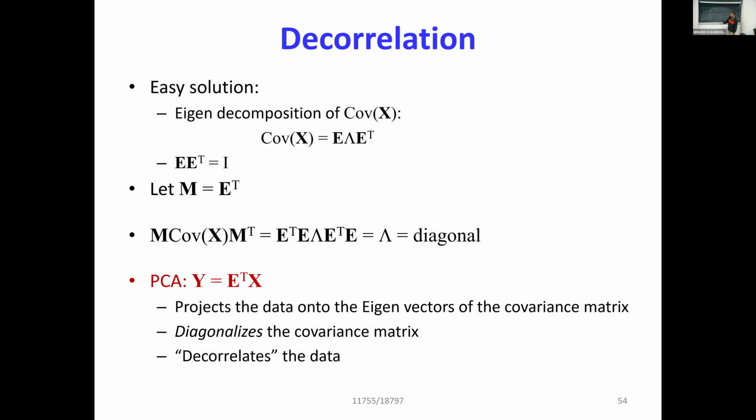Right. So how would this work? If M times E were an identity matrix, then E transpose times M transpose is also going to be an identity matrix. And then you're left with the diagonal matrix lambda.